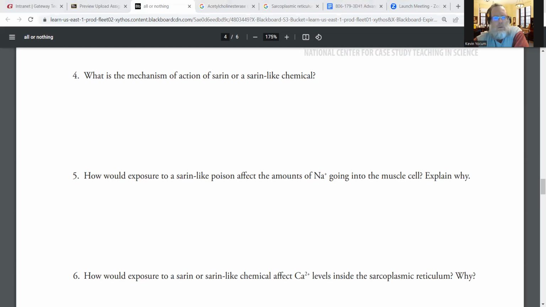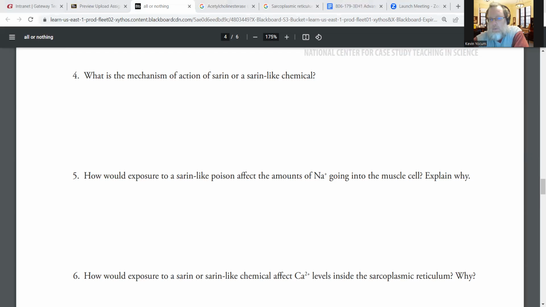Okay, so what number are we doing here? Number 5. How would exposure to a sarin-like poison affect the amounts of sodium going into the muscle cell? Explain why. So again, a sarin or sarin-like poison is going to drastically increase sodium levels going into the cell.